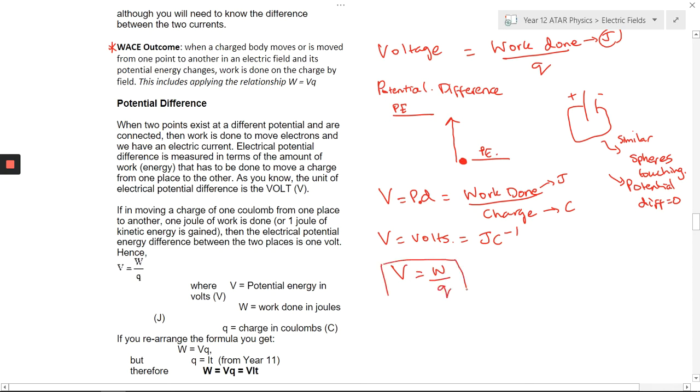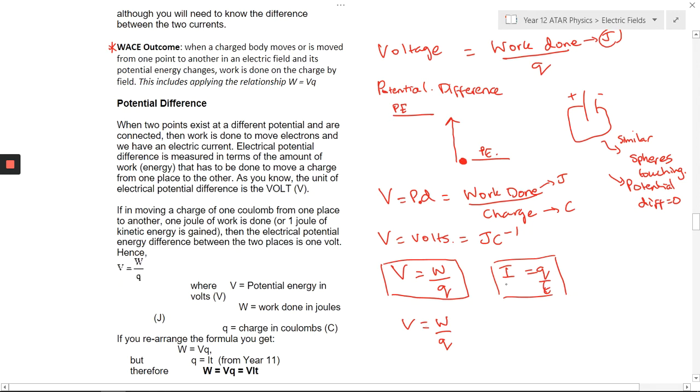So a volt is work done per unit charge. This is a key formula, the same as how current is the flow of charge per unit time. That's another key formula. You'll notice you can shuffle these formulas around, because voltage is work done per unit charge, and charge also shows up in the current equation.